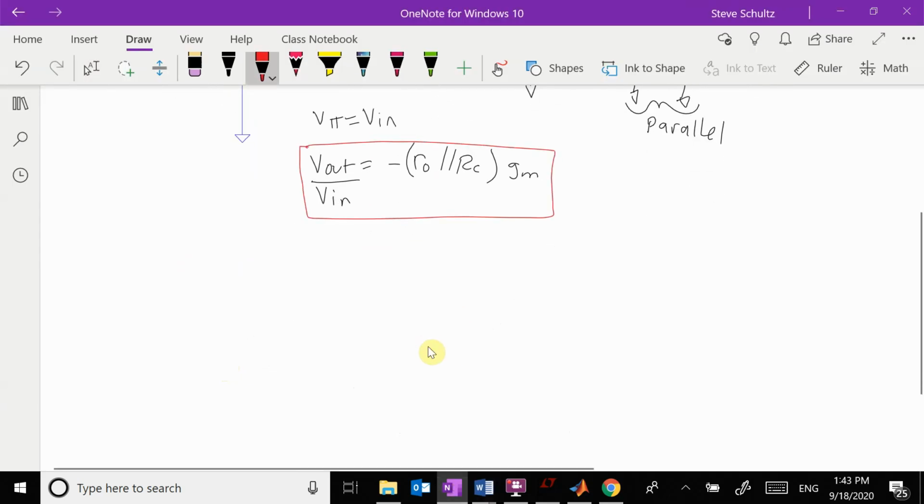So we have this. This was ground, and we're looking in here. So this is my R in. I'm just going to draw my small signal model.